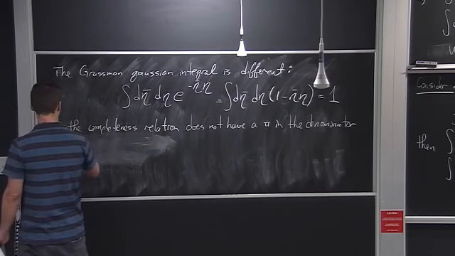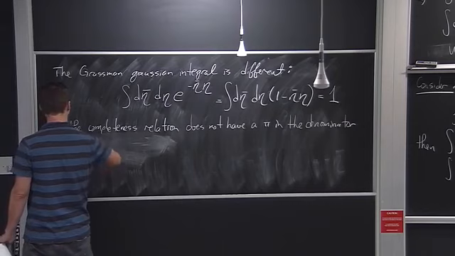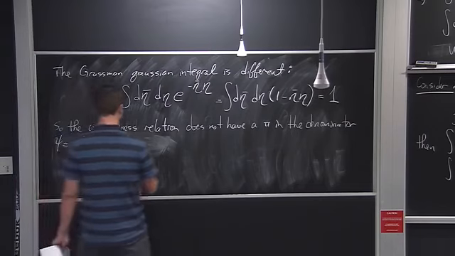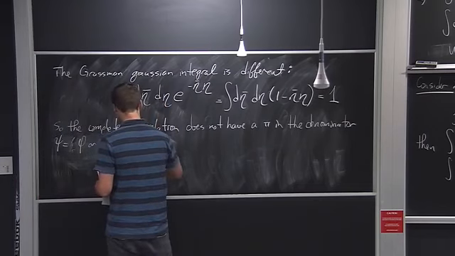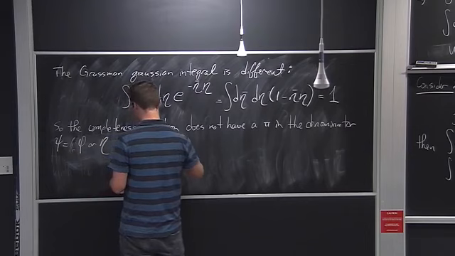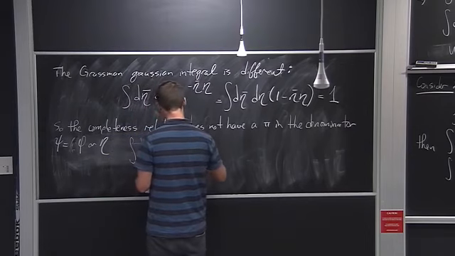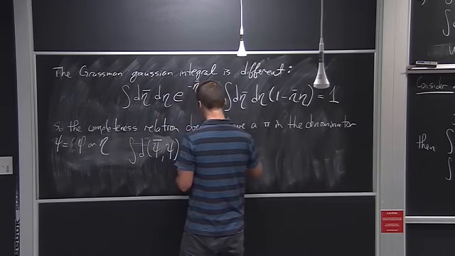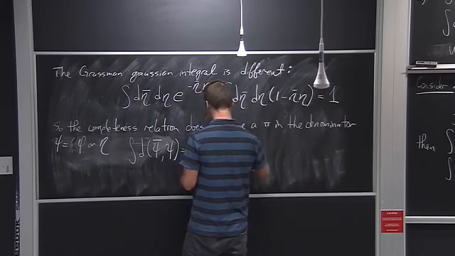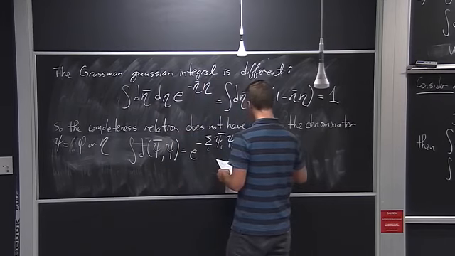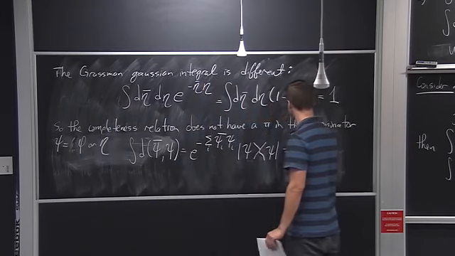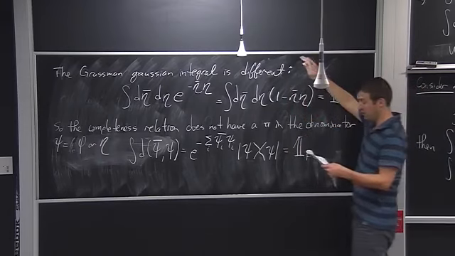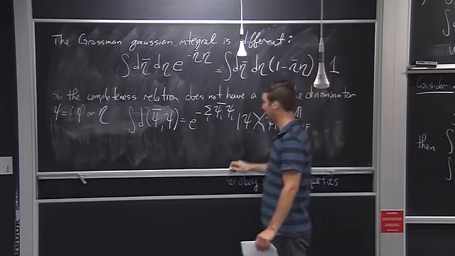So let me say psi can be phi or eta, depending on bosons or fermions. So then this is the resolution identity over Fock space, but I have to define that thing.